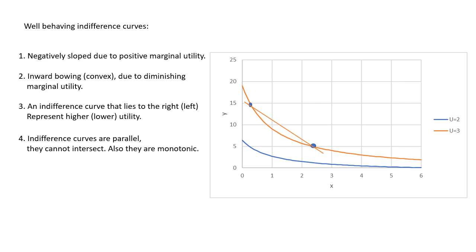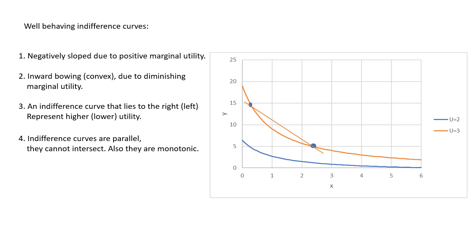And finally, it's important that indifference curves are parallel. That is, they cannot intersect. This means that it is not possible that a single combination of x and y would have 2 different utility levels. So as long as the preferences of the consumer are consistent, indifference curves cannot cross.